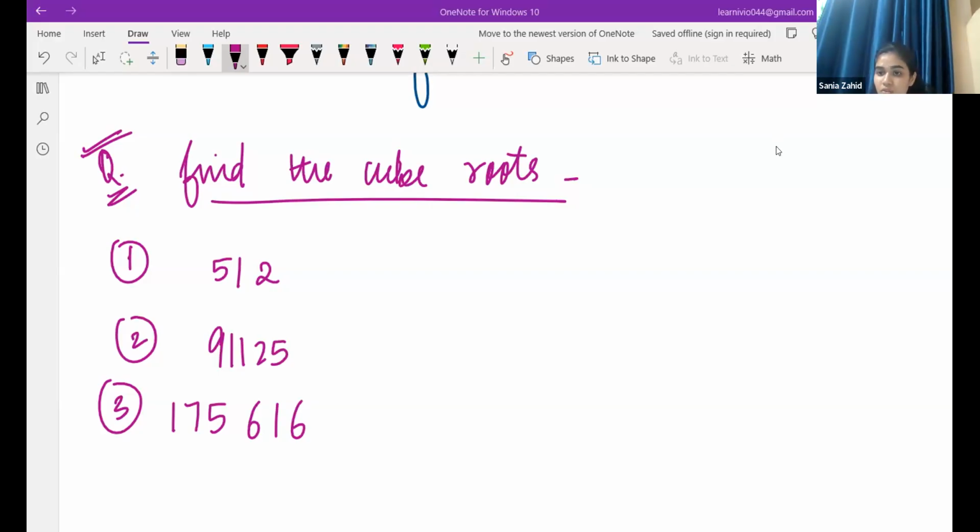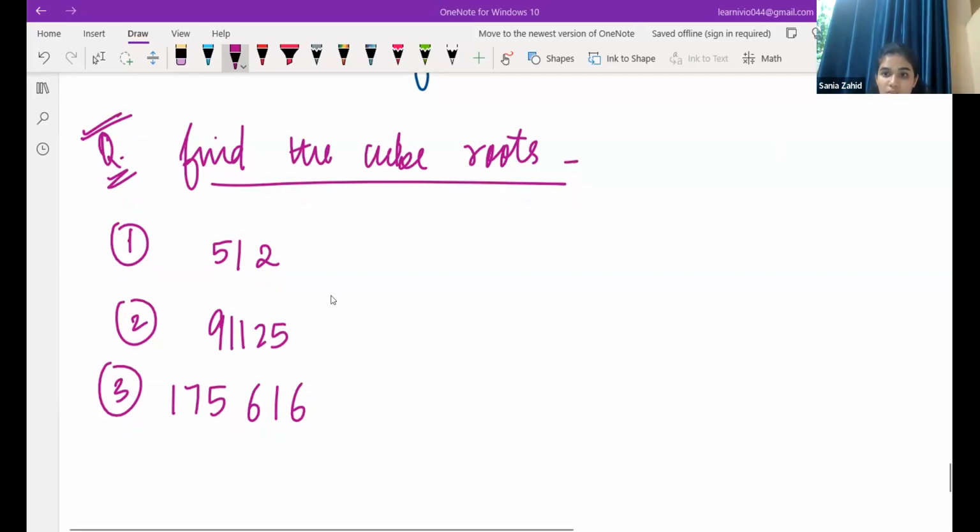Children, are you able to solve? Any confusion? Quickly solve it. I'll give you just 2 minutes. Then we'll discuss one by one.